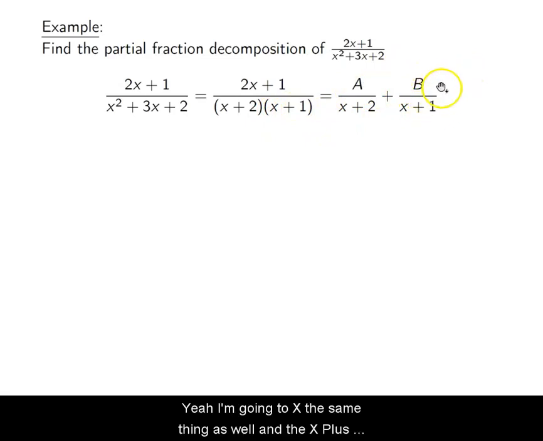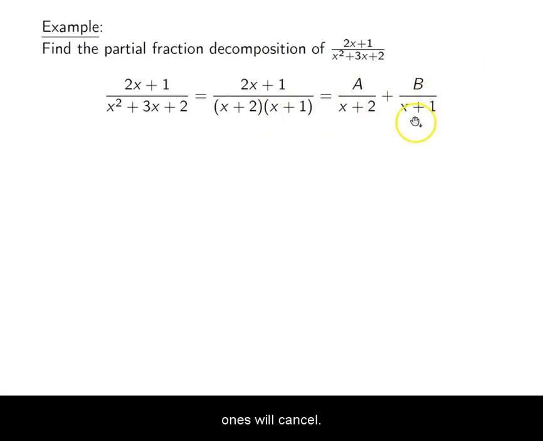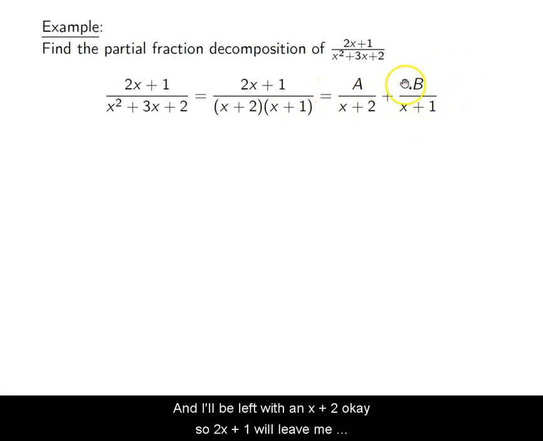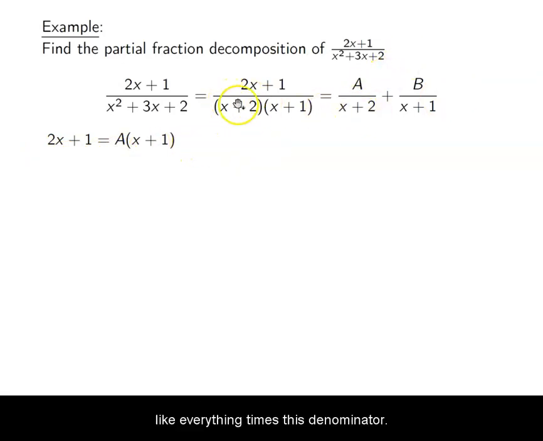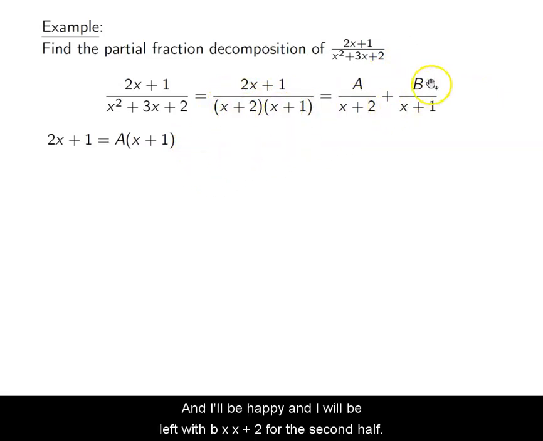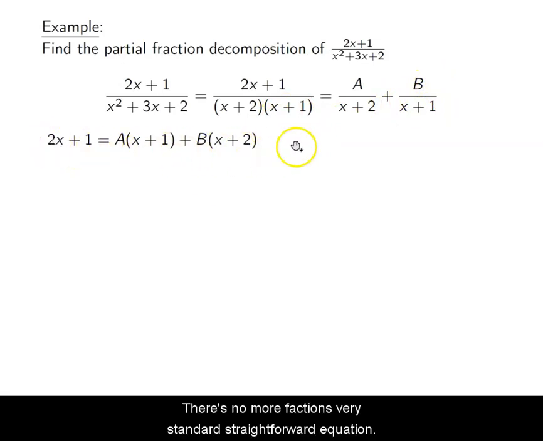Here I'm going to multiply it by the same thing as well, and the x plus 1's will cancel, and I'll be left with an x plus 2 on top. Okay, so 2x plus 1 will leave me with a times x plus 1, because the x plus 2's cancel when I multiply everything times this denominator, and I will be left with b times x plus 2 for the second half. Okay, there's no more fractions.